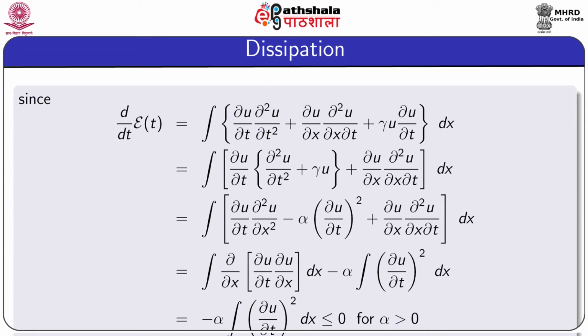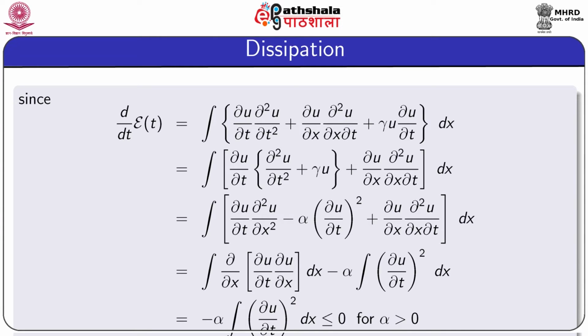Then after some simplification, we obtain the last line, where the value of dE/dt is equal to −α ∫ (∂u/∂t)² dx. The value of the integral of (∂u/∂t)² dx is a positive quantity, and we have assumed that α is a positive number.